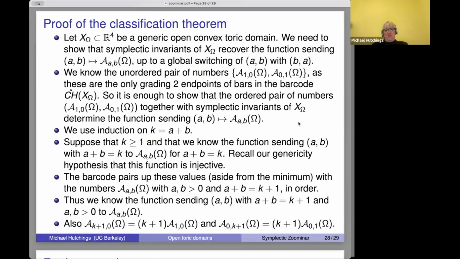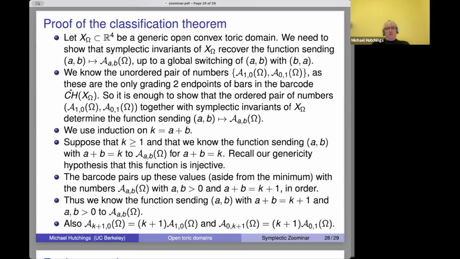So here it is. It's a one-page proof if you make the page sufficiently cramped. So let X_omega be a generic open convex toric domain.